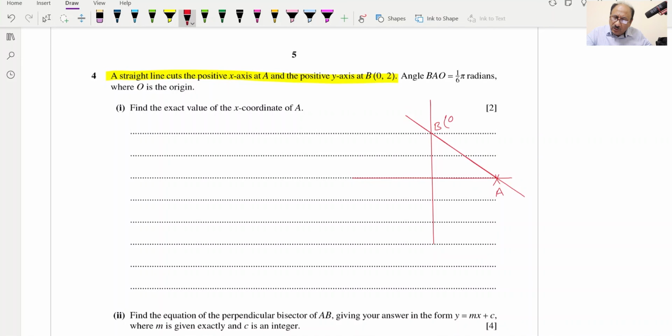B is (0, 2), and for A the coordinates will be some x value and y will be 0, because it is on the x axis, so the y value will be 0.